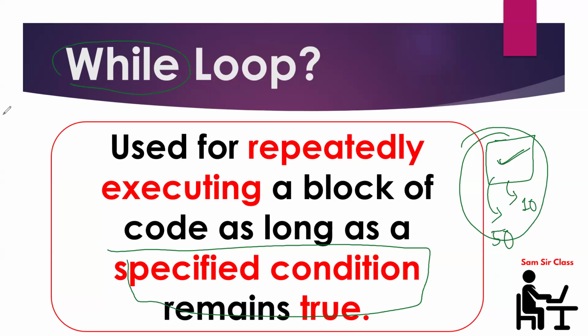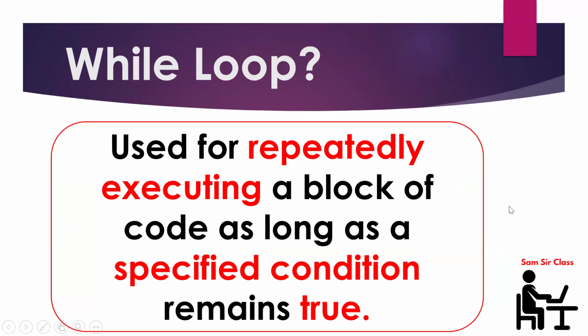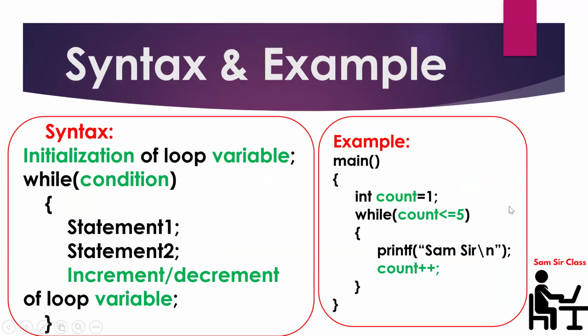Let us understand through some examples. We'll discuss the syntax first. Now what is the syntax here? Just be careful. You have to use a loop variable, and this is important. First of all, you have to initialize a loop variable.